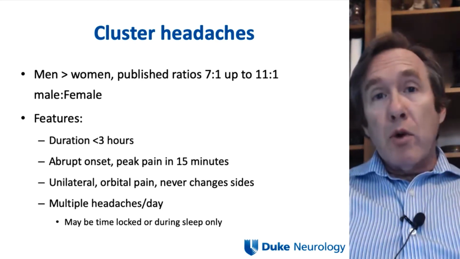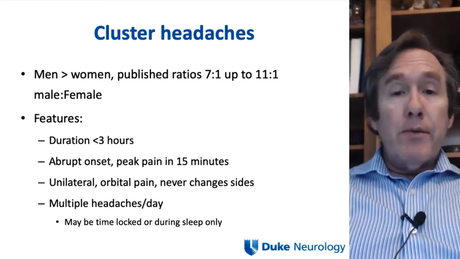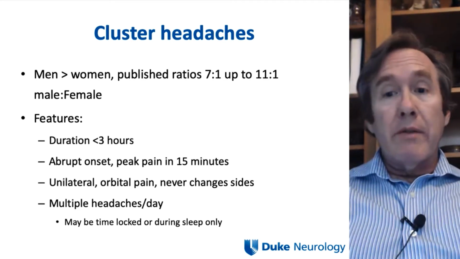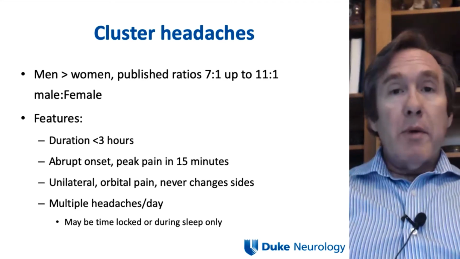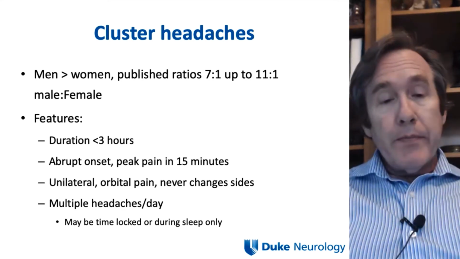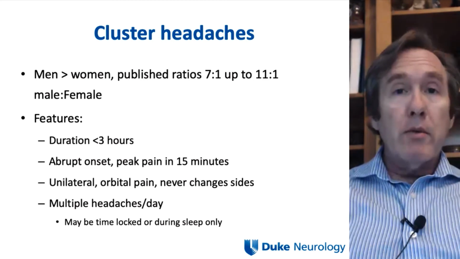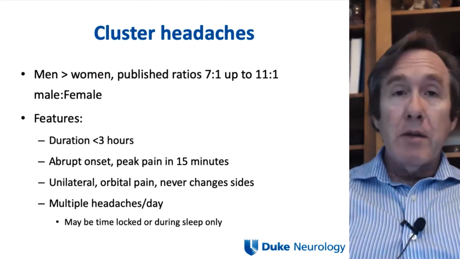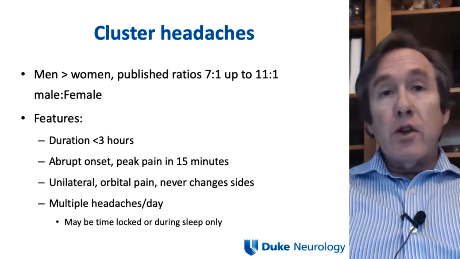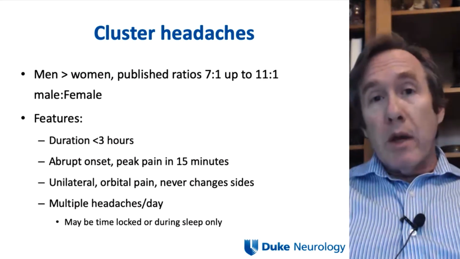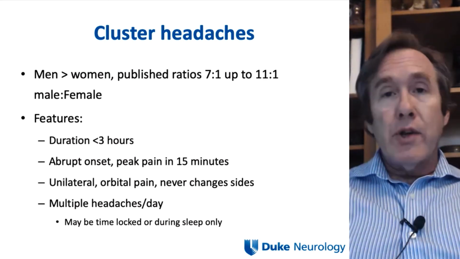Cluster headaches are much more common in men, with a male to female ratio ranging from 7 to 11 to 1 based on which survey has been published. Cluster headaches last less than 3 hours, generally start abruptly, and reach a peak in severity within about 15 minutes. The headache is a unilateral pain around the eye or periorbital pain that never changes sides.